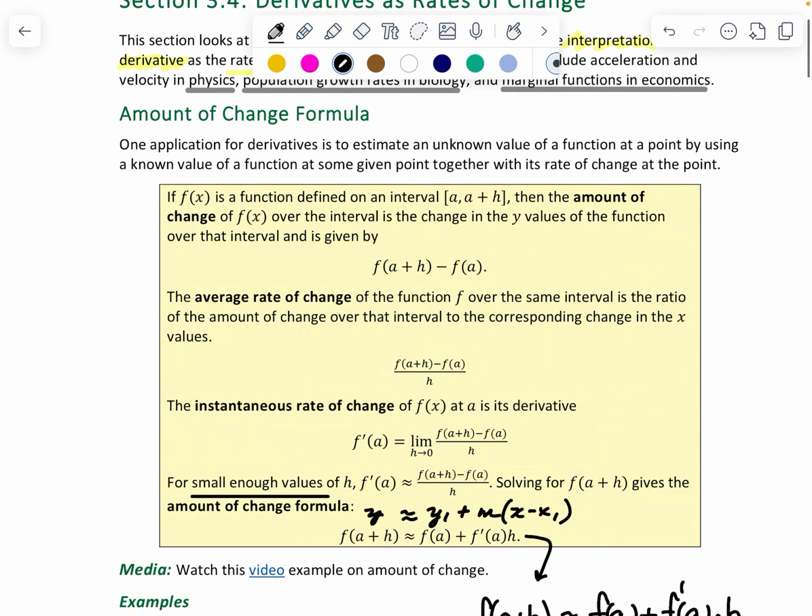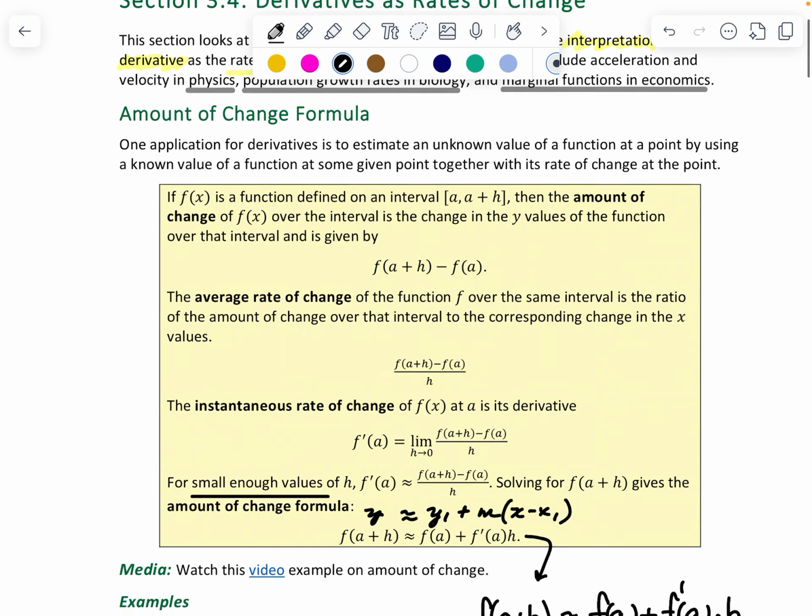And then after that, we have the instantaneous rate of change. Now, the instantaneous rate of change, you have to remember, has that limit with it, right? So that's what makes it different from a secant line. The slope of the tangent line is the one with the limit. The slope of the secant line is the amount of change, like the average rate of change, okay?